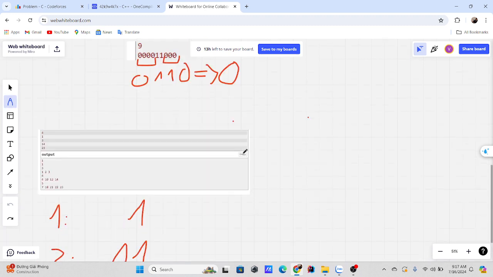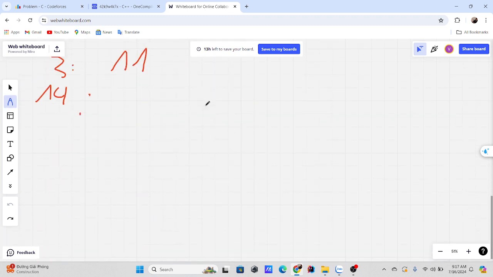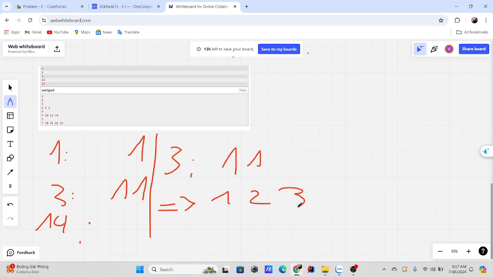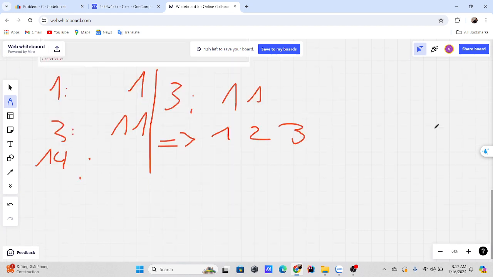Okay, let me give you an example. Take n = 3, right? 3 is 11, right? In the output, we can see that it is 1, 2, 3. And if we write these three integers in this sequence into binary, we will see that it is 1, 10, and 11, right?